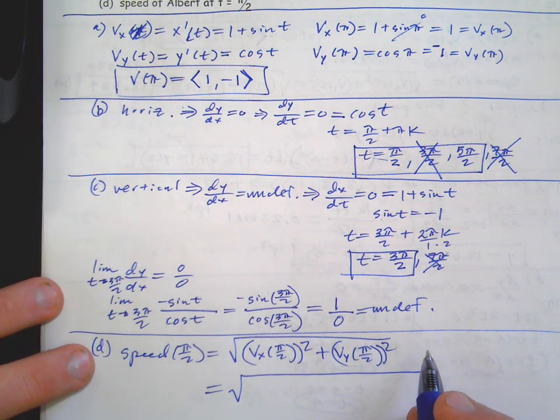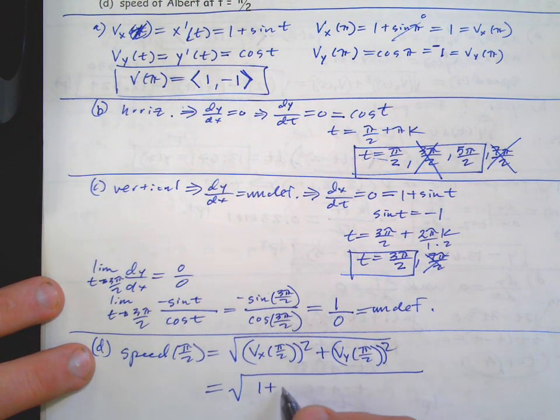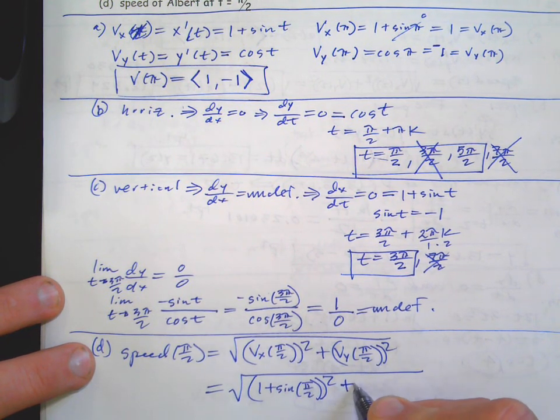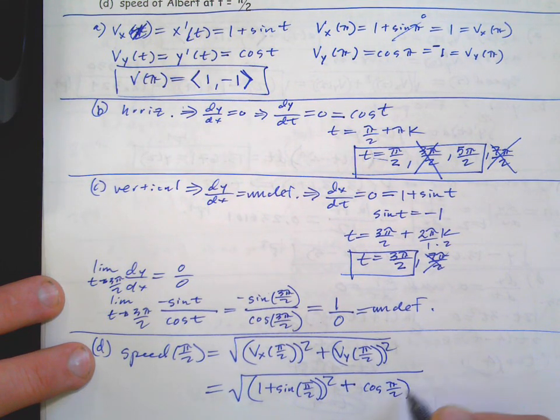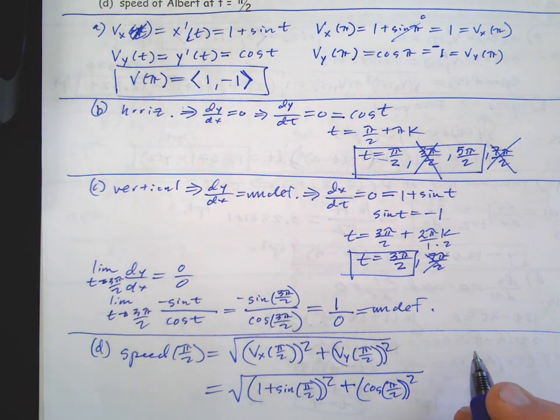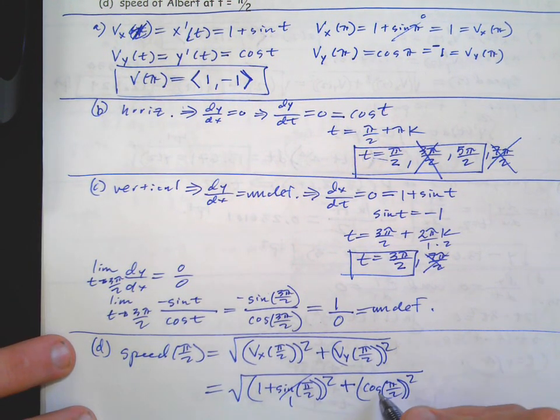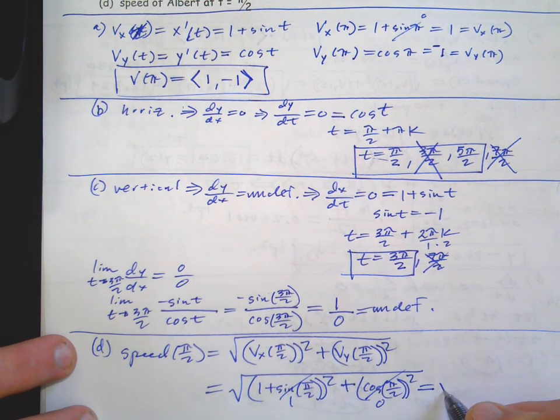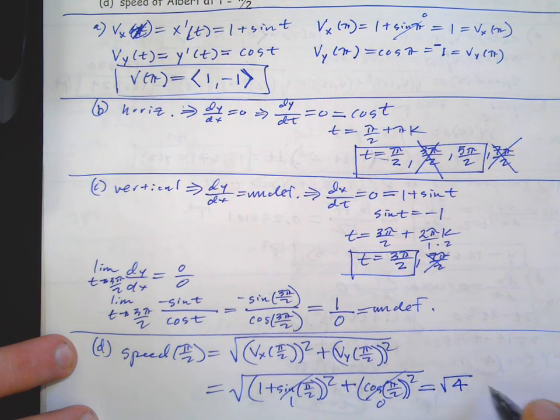So that's going to be 1 plus sine of pi over 2 squared plus cosine of pi over 2 squared. Sine pi over 2 is 1. Cosine pi over 2 is 0. So this is going to be the square root of 4, which is going to be 2.